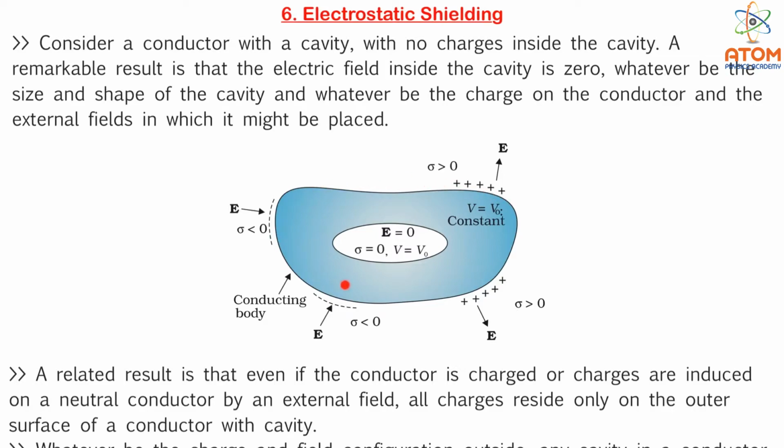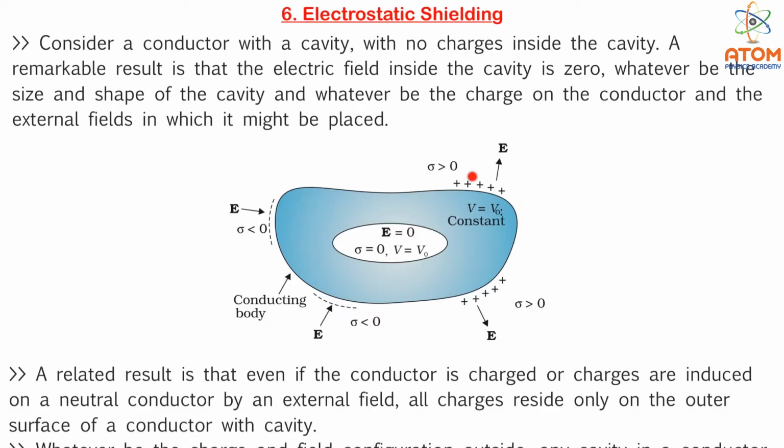Whatever size or shape you take of the conductor or of the cavity, the electric field inside will be 0. And even if you place this whole conductor in an external electric field, the electric field inside this cavity will be 0.